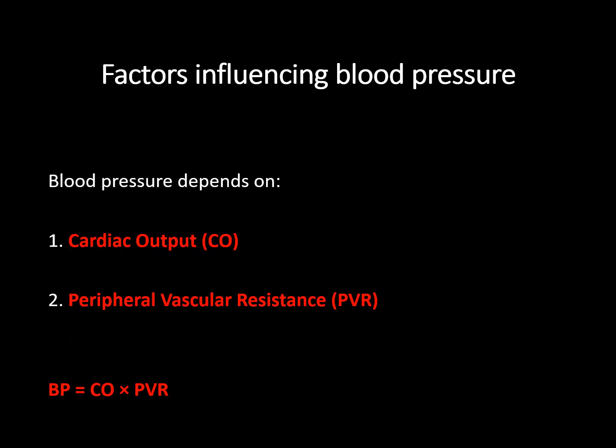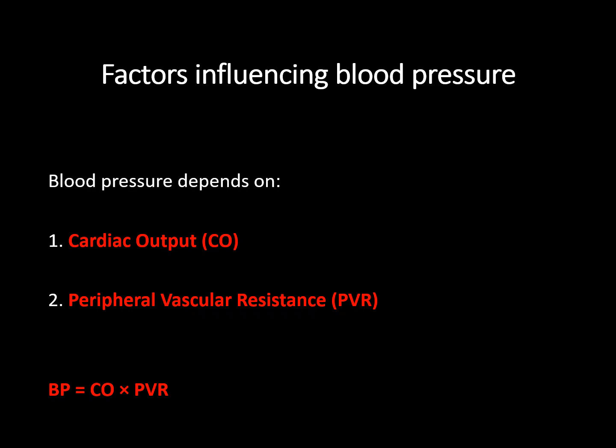Now let's look at some factors influencing blood pressure. For blood pressure to be high or low, it will depend on these factors. We have cardiac output, that's the amount of blood pumped out of the heart. Then we have peripheral vascular resistance, that's the resistance in the blood vessels in our periphery. Vasoconstriction is one of the sources of resistance in the peripheral vascular system.